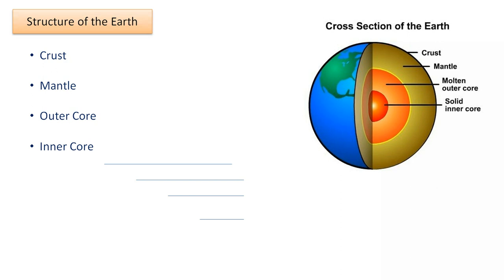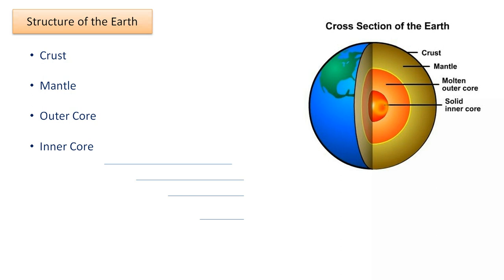You see this black thin layer, that is crust, and inside crust, you have quite a thick layer, that is mantle. Here you can see the greenish part, that is mantle. And inside this you have outer core, and the innermost one is the inner core. So these are four major layers which are present inside the earth.